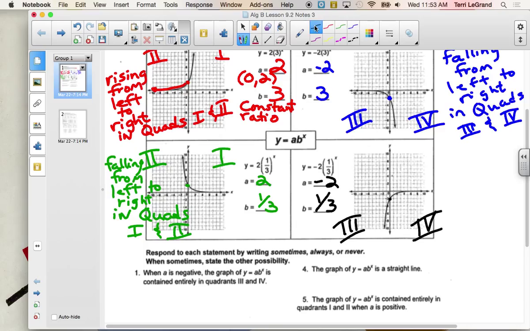And our last one. Its behavior, rising from left to right in quads 3 and 4.